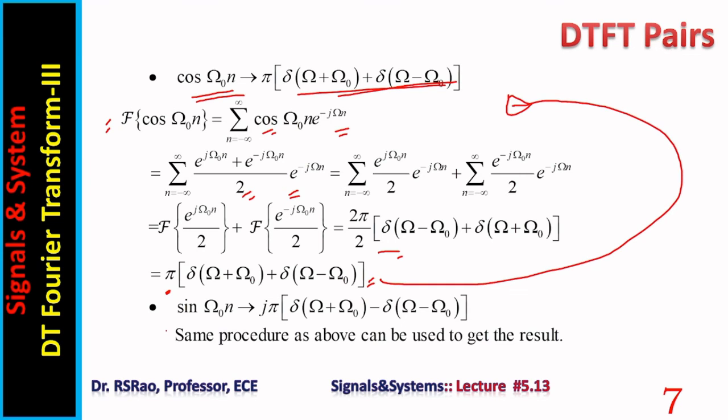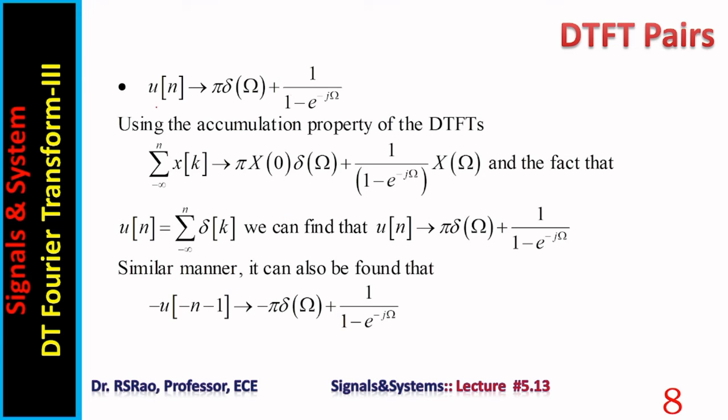Hence the relation. By following a procedure similar to the procedure which we followed in finding the transform of cos omega naught n, one can determine DTFT of sine omega naught n as j pi times delta omega plus omega naught minus delta omega minus omega naught.